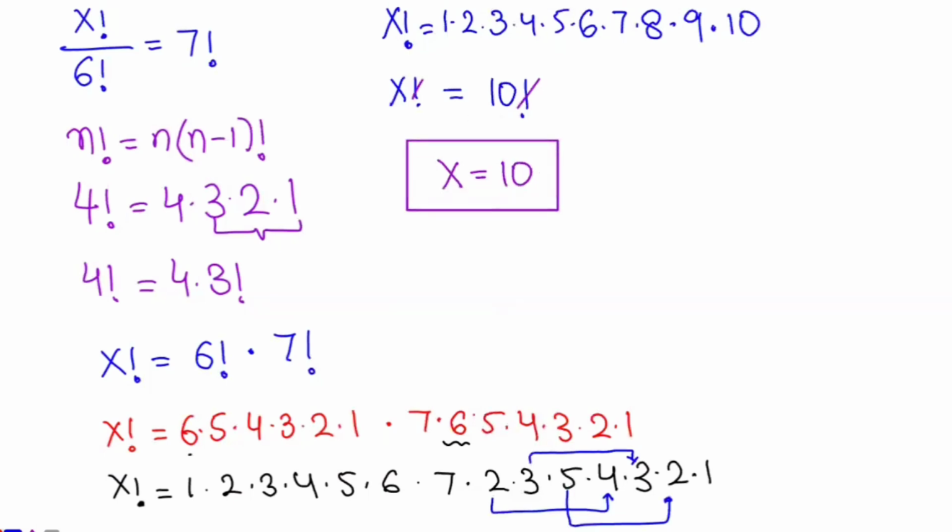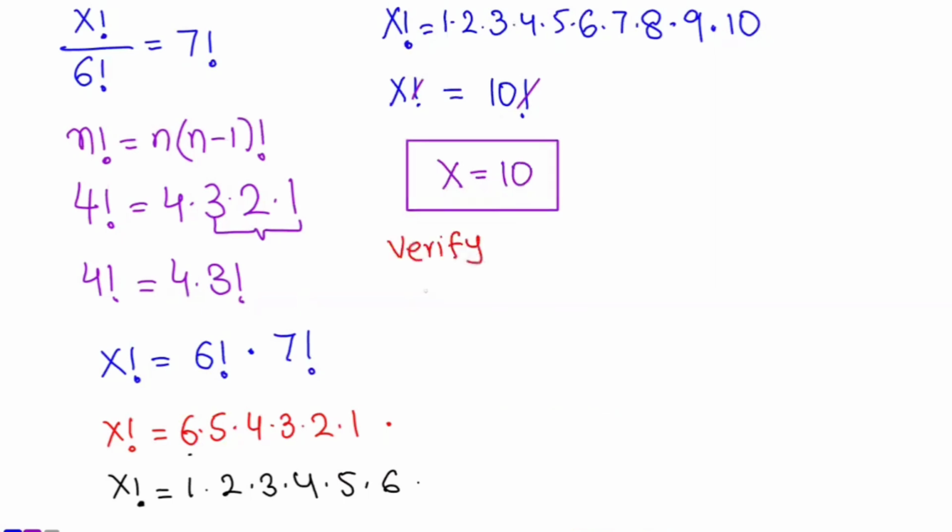Now here I will verify my answer. X factorial over 6 factorial is equal to 7 factorial. In replacement of x, I will write 10 factorial over 6 factorial is equal to 7 factorial.